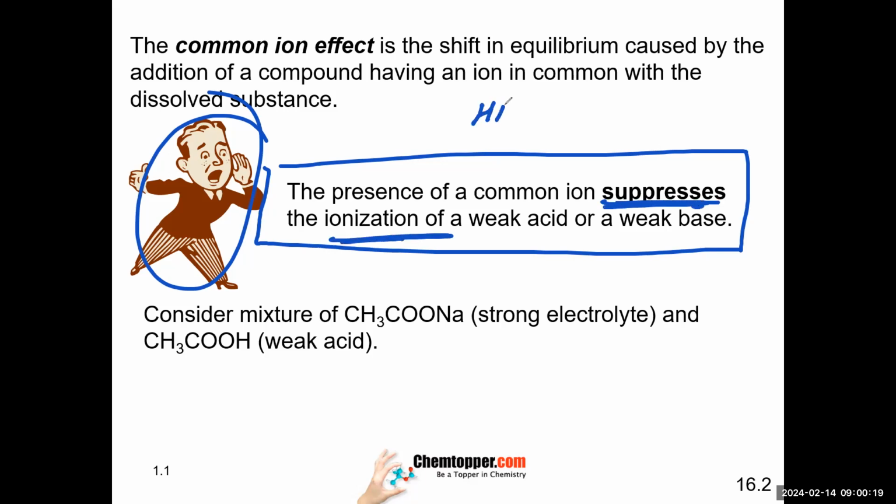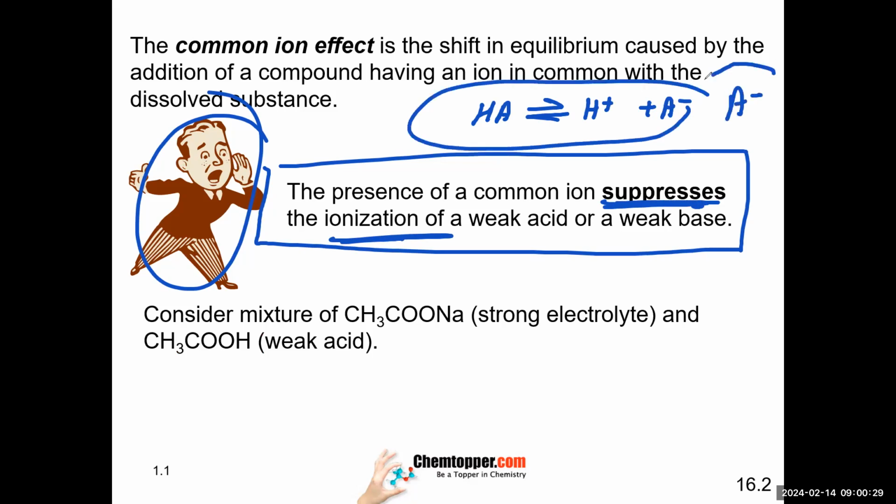So if there is a weak acid HA, which is undergoing dissociation into H plus and A minus, and I add this A minus from outside, then according to Le Chatelier principle, my equilibrium shifts to the left, in the direction of unionized. So when you add a common ion, there is suppression of ionization. It shifts the equilibrium in the direction of unionized form. Are we clear about this word?